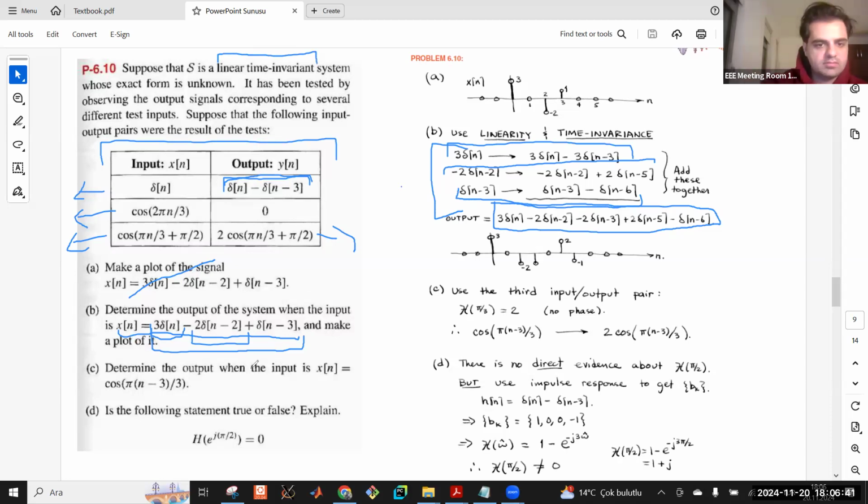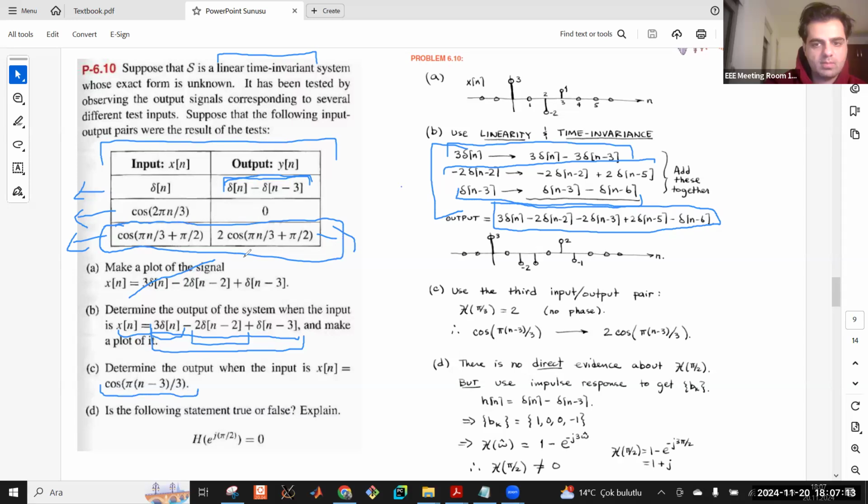In part C, this time the input is a cosine signal. We need to find the response when the frequency is pi over 3. So in this example, we have a signal with that frequency, and when we look at the output, we see that the input is multiplied by 2.